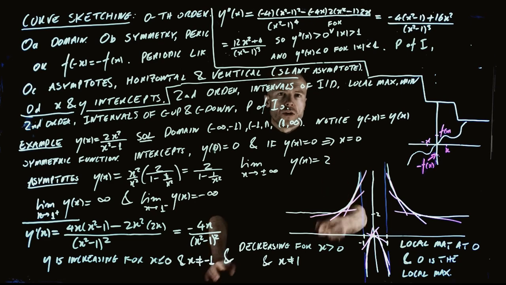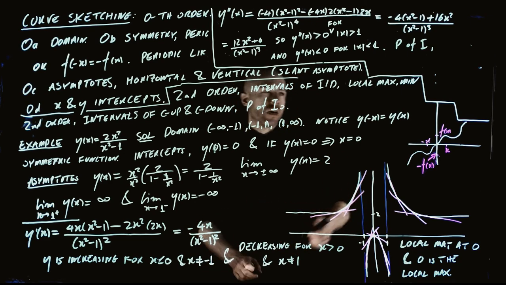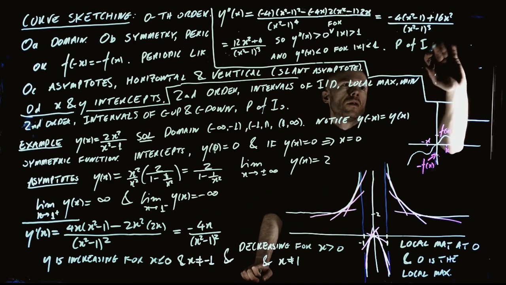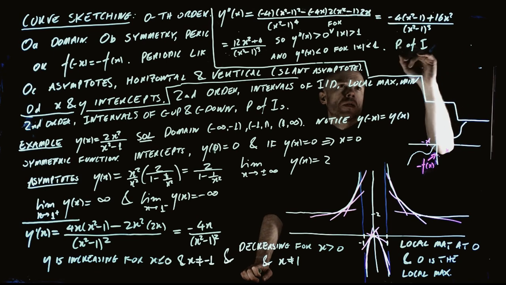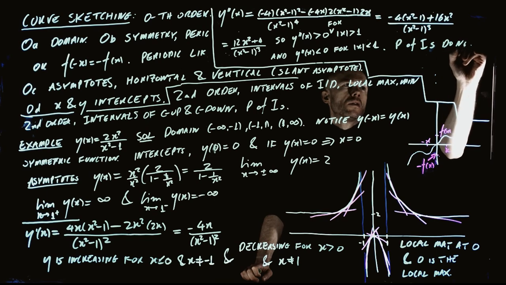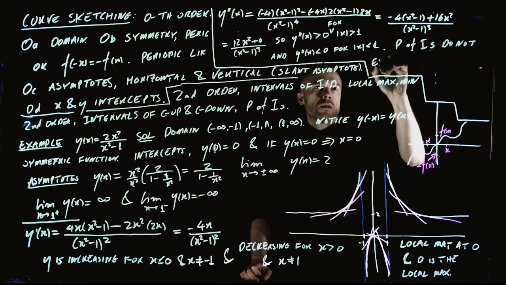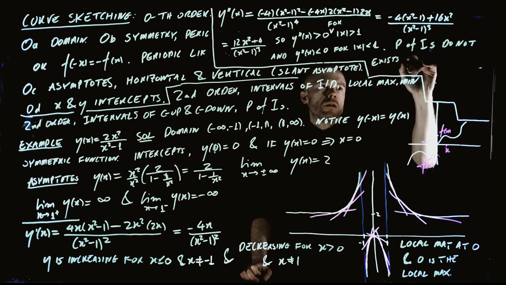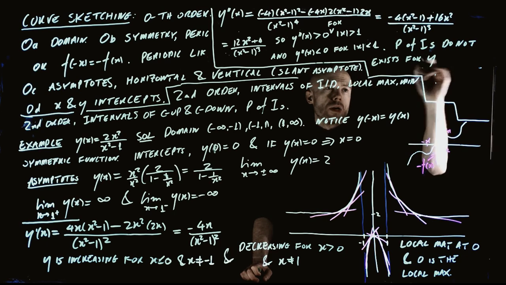So there's no point on the graph where it's actually flipping from concave up to concave down. Points of inflection do not exist for y.